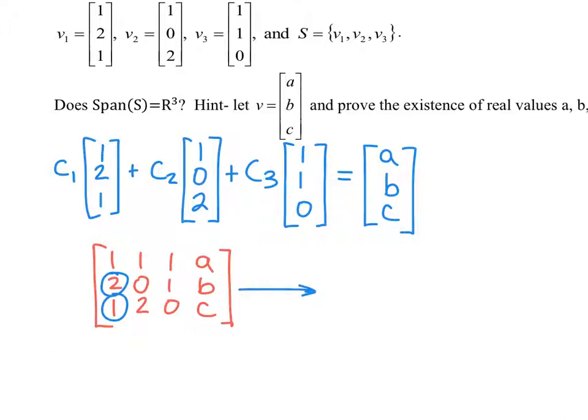So I'll do that first. I'm going to do a -2 R1 plus R2. Simultaneously, I'm going to do a -R1 plus R3. So we're leaving row 1 alone.